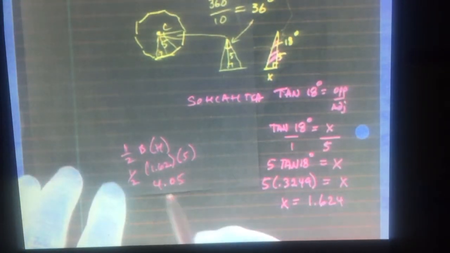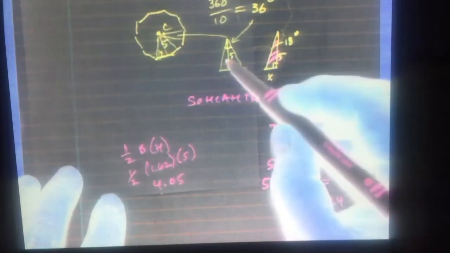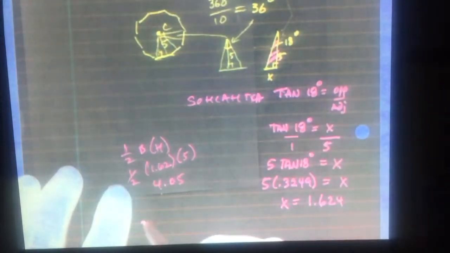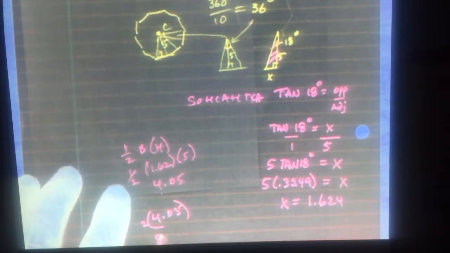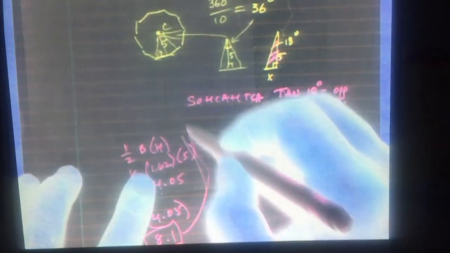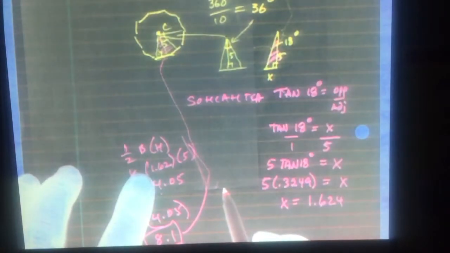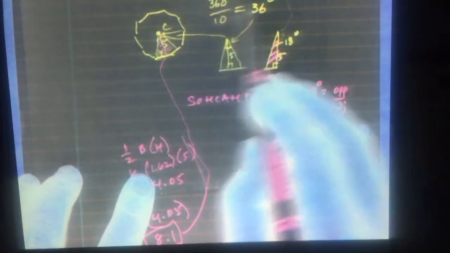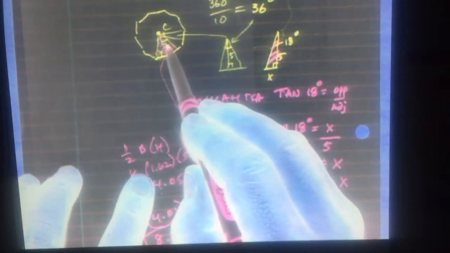Now we have that. We're going to double that to get one of these triangles, so that's 2 times 4.05, which is 8.1, right? That right here is going to be the area of one of these triangles, and there are 10 of those. See how we took 360 degrees divided by 10 isosceles triangles?